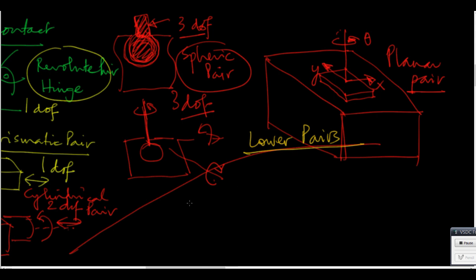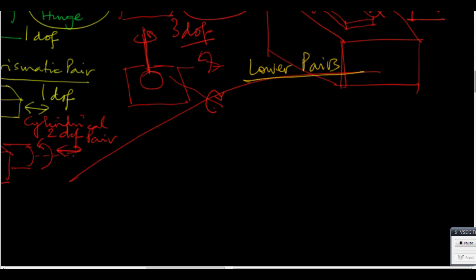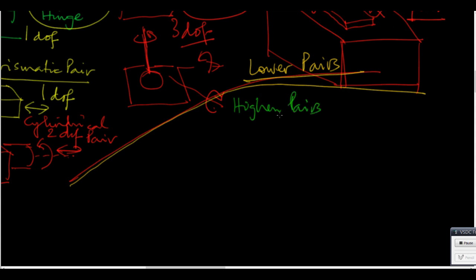Higher pairs have a point contact or line contact.